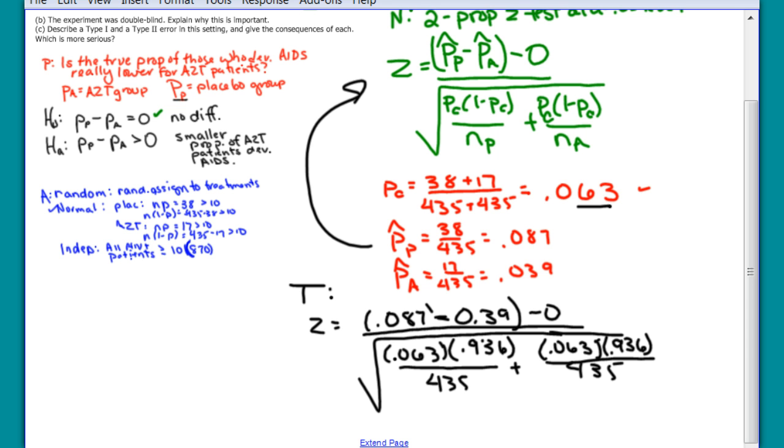When I calculate that, hopefully I've calculated it right in my notes, I come up with a 2.93 for my z-score.